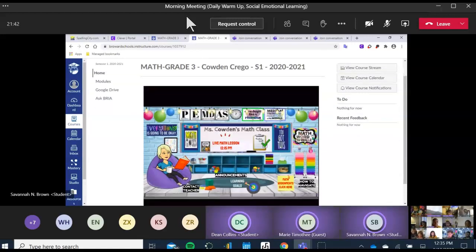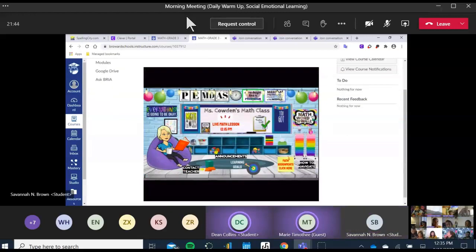Okay. Now click on the left side. Do you see where it says modules? Not on Miss Cowden's screen, but do you see where it says modules all the way on the left? It says modules, Google Drive, and Asteria. Yeah, I see it. Okay, click on modules for me.